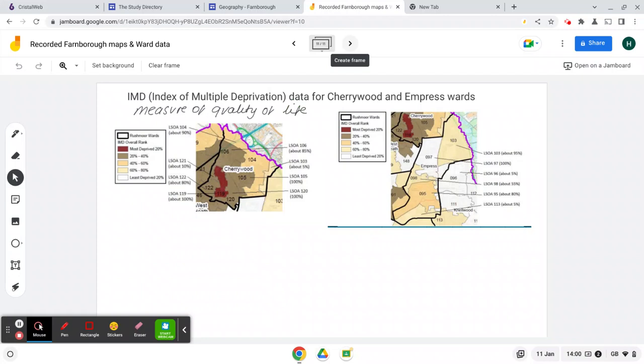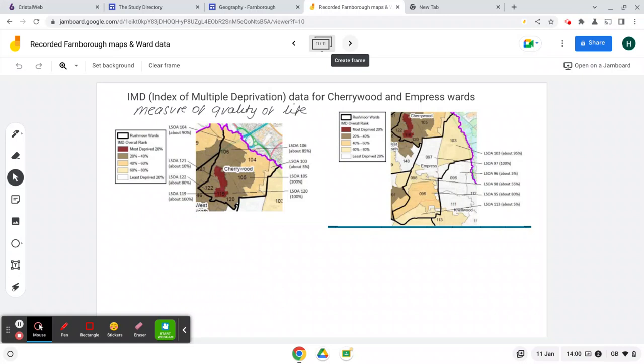And they use this to come up with a level of deprivation. And again, it can be really useful to compare the IMD data for different areas, as it gives an indication of the difference of quality of life. So this is showing differences in social, it shows social inequality as well as economic information.